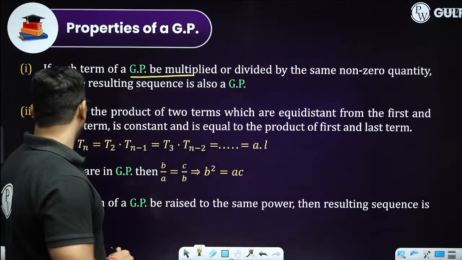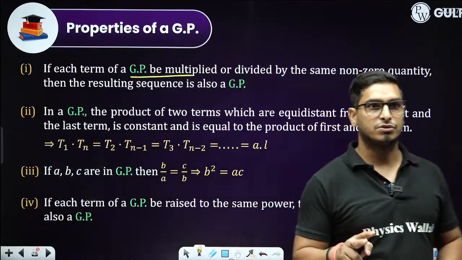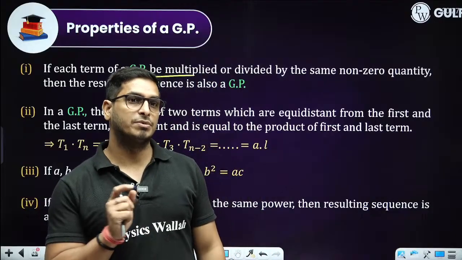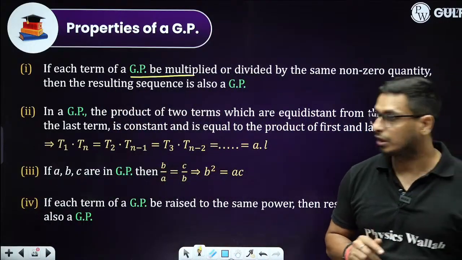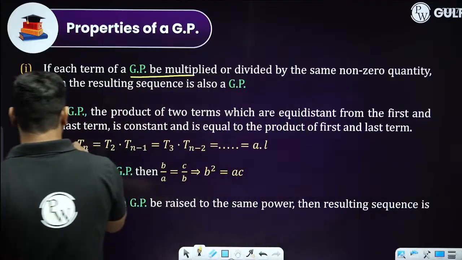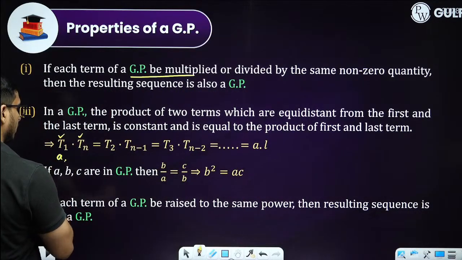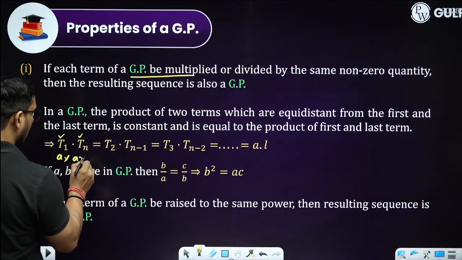Now the second point. In a GP, the product of two terms which are equidistant from the first and last term is always constant, and that is equal to first term into last term. If you see here, T1 into Tn, T1 is A and Tn is A r to the power n minus 1.